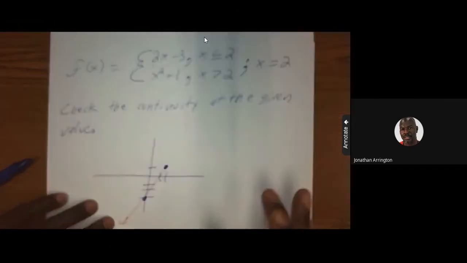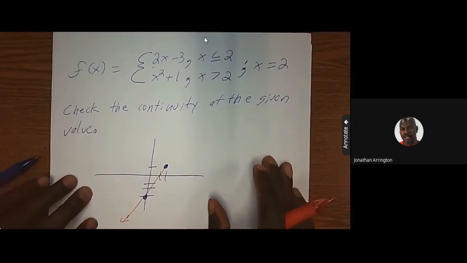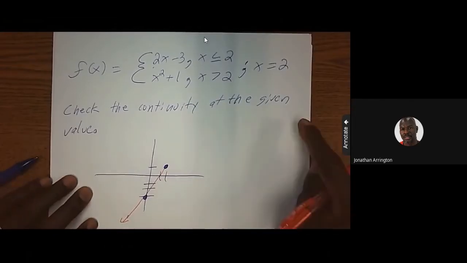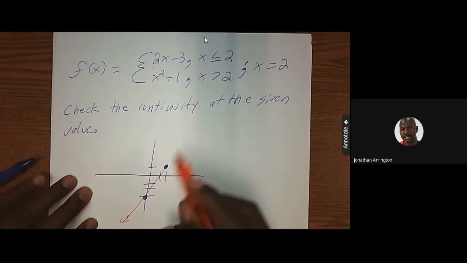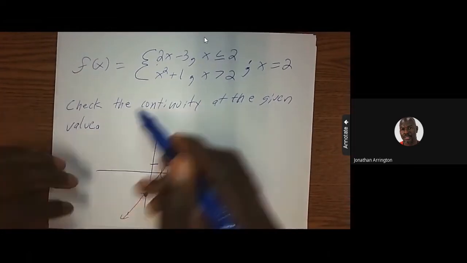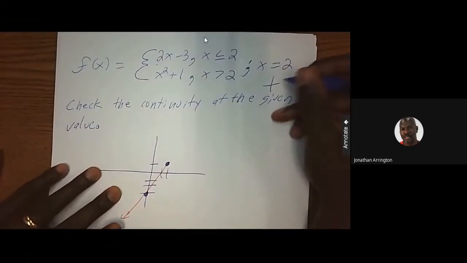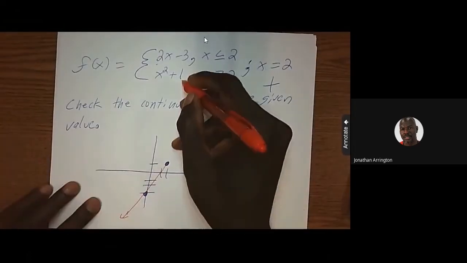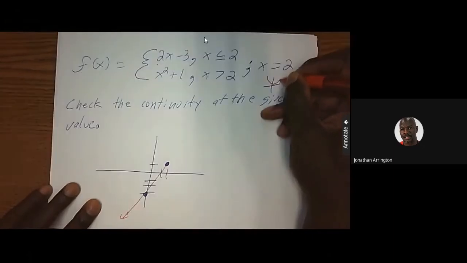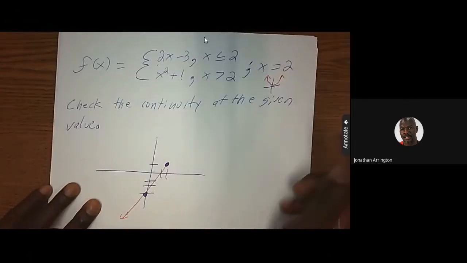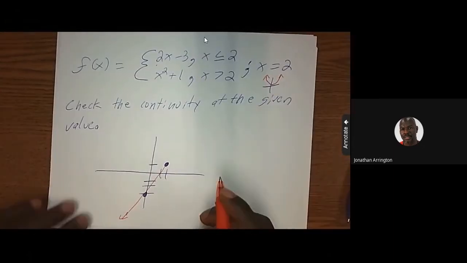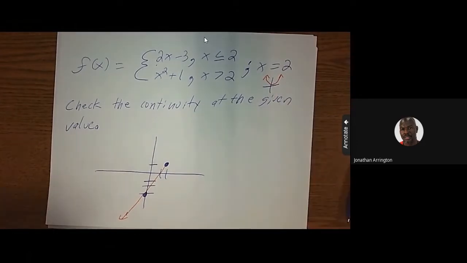And then all of a sudden, when x gets greater than 2, we use this function. Now, the graph of this function itself is just a parabola with a vertex at 0, 1. So it's a parabola that looks something like that. But we're only going to take that parabola from when x is 2 going forward.